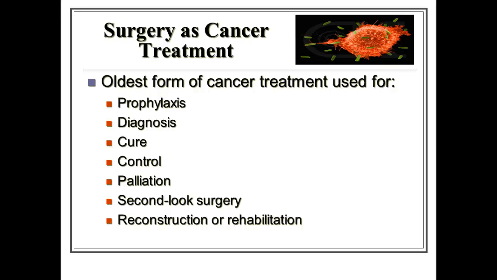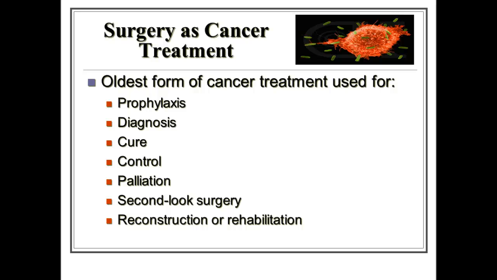The first one is what they call prophylaxis. Prophylactic surgery basically removes at-risk tissue to prevent cancer development. It is performed when a patient has either an existing premalignant condition or a family history. So basically, when you do something prophylactically, you're doing it to prevent the bad things that could possibly happen.